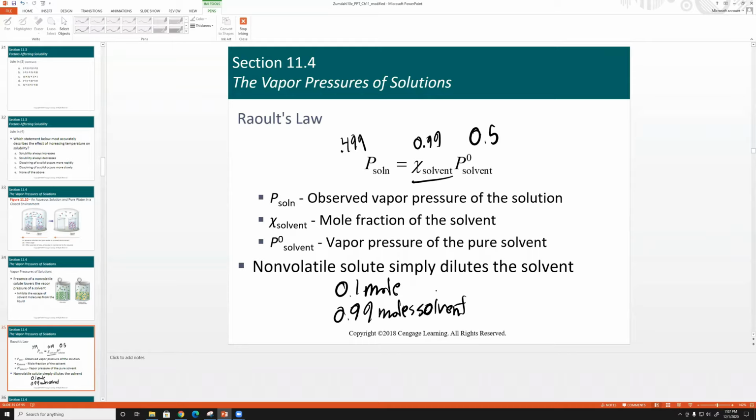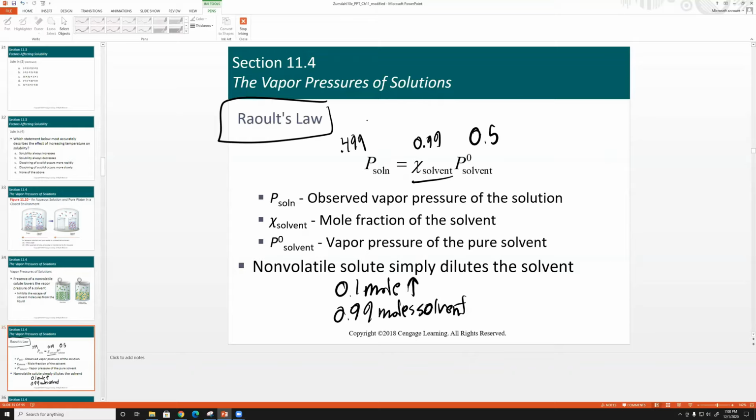So what I'm getting at is that once you increase the amount of solute, you are increasing the amount of intermolecular forces with that solvent, and at the exact same time, decreasing the mole fraction of the solvent. If you decrease the mole fraction of the solvent, based on Raoult's Law, you're decreasing the vapor pressure. Increasing the intermolecular forces decreases vapor pressure.